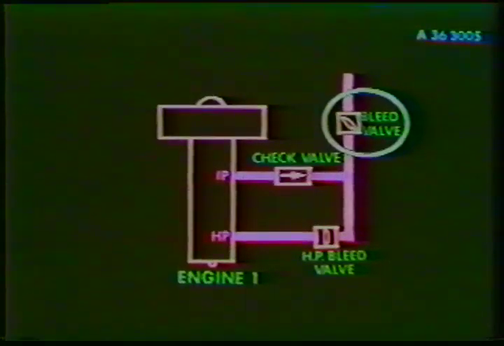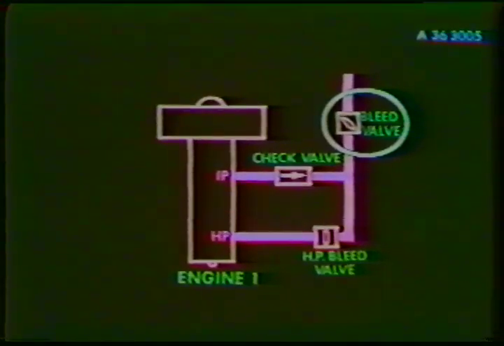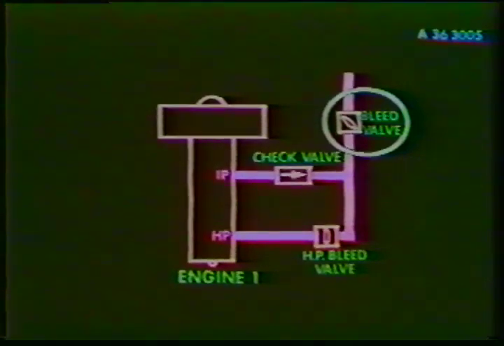The bleed valve reduces the pressure to 46 psi and is used as a shutoff valve. It is electrically controlled, pneumatically operated, spring-loaded closed, and fail-safe open. The bleed valve is controlled by a three-position selector.